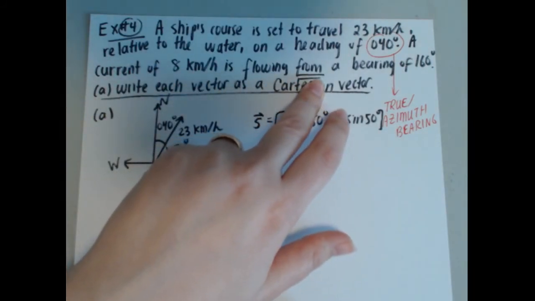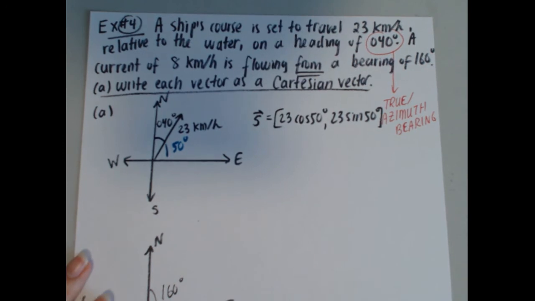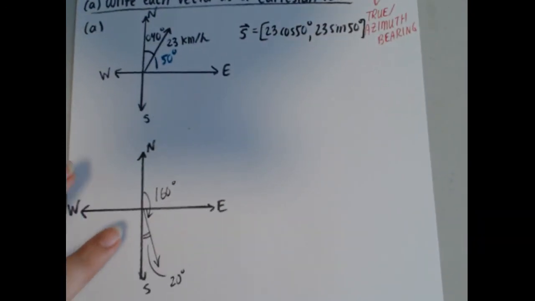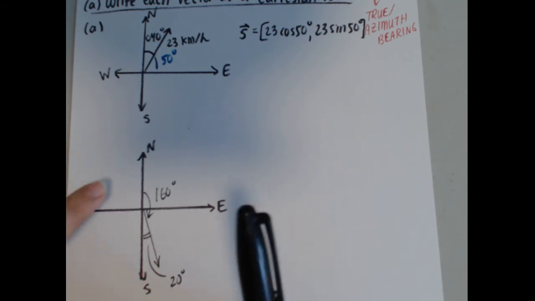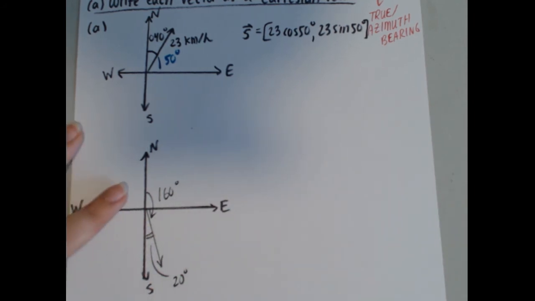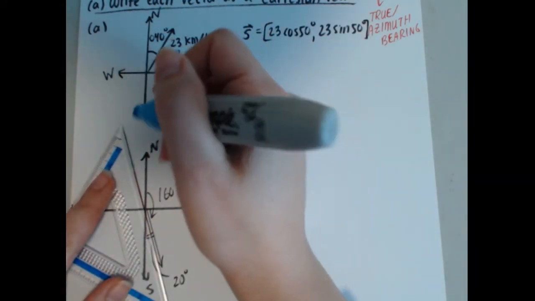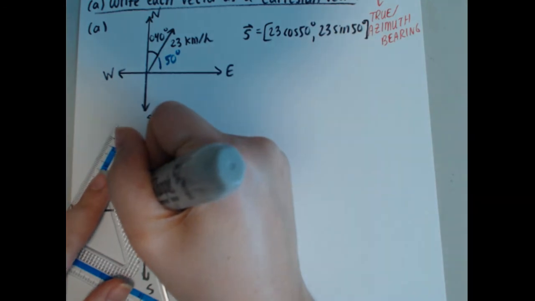It's not going to that direction. It's coming from that direction. So if I keep the arrow like this, it's implying that the current's going in that direction, right? The direction the arrow is headed. But it's coming from this direction. That means it's going in the opposite direction. And actually, quite literally, the opposite direction. So I'm going to continue this arrow along a straight line above the horizontal axis.